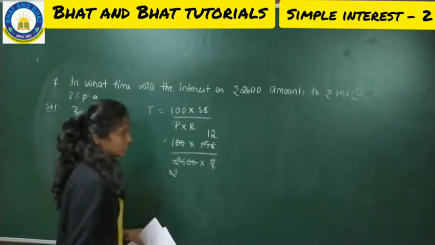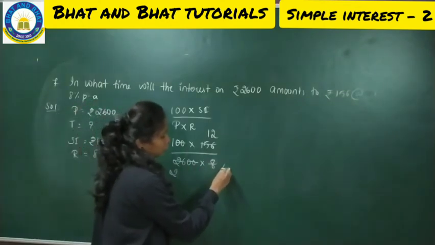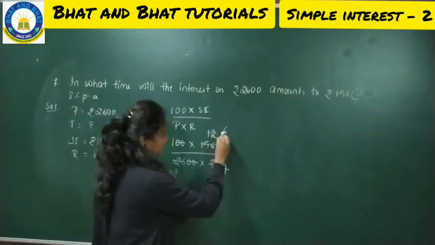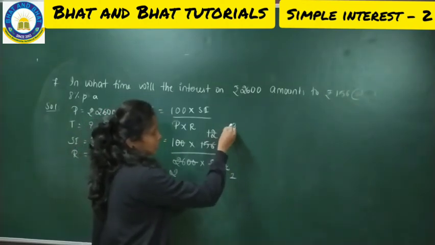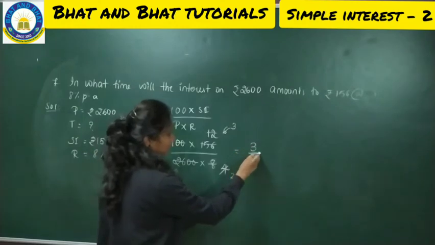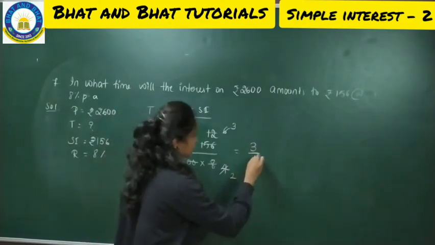Again 2 fours are 8, 2 sixes are 12. Okay, 2 twos are 4, 2 threes are 6. 3 by 2 into 2 it is 4.